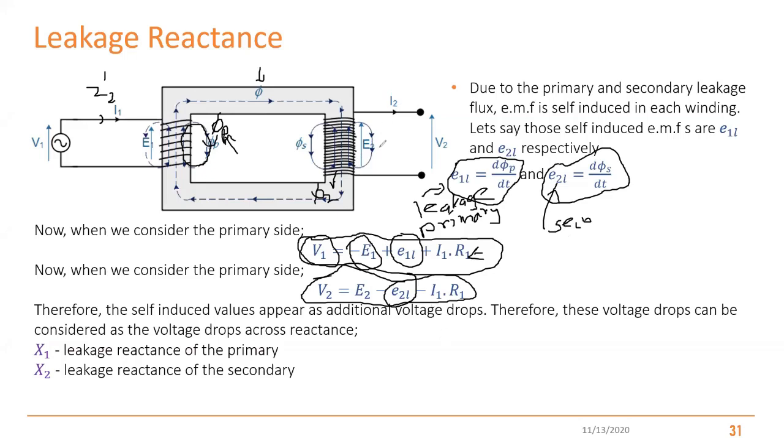If we connect a load here, the load tries to draw current from the induced EMF of this coil. The induced EMF E2 is such that it opposes the current drawing, so it acts as another voltage drop. That is why it becomes minus here.